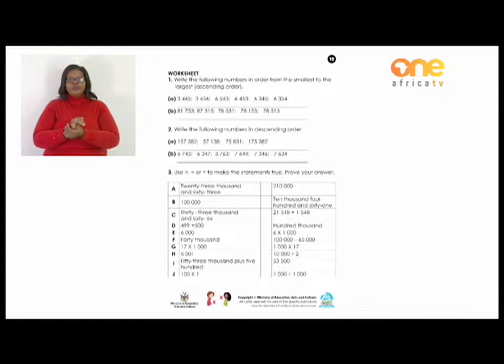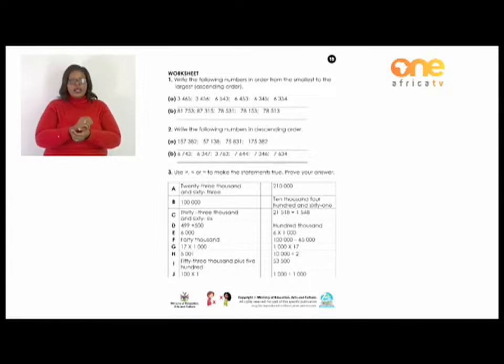So from A until J, you see that one number is written in numeric, the other one is written in words. The best way to compare these numbers is to make sure you write the number written in words in numeric. For example, under A, it's 23,063.